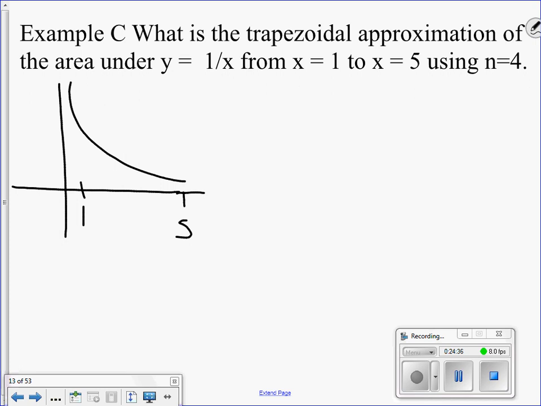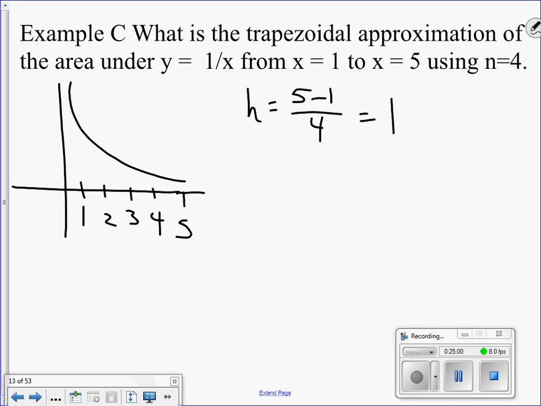But before we fill in between the 1 and 5, we better figure out the height of each one of these trapezoids. What is the height going to be? 1. So we kind of lucked out here. So the height is equal to 5 minus 1 over 4, which equals 1. So starting at 1, we could just keep adding 1. So 2, 3, 4.